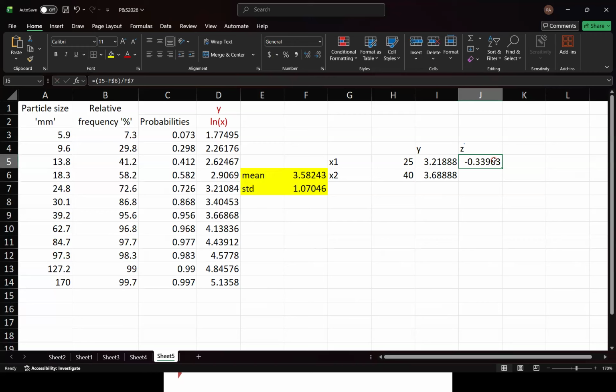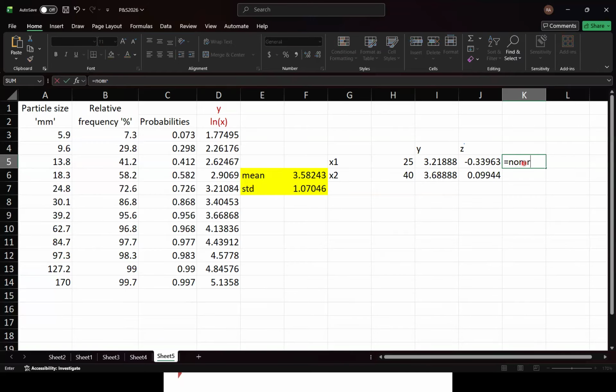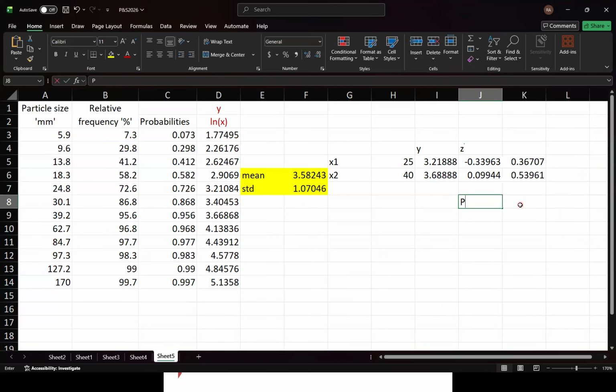So the z value is being calculated, and then I will calculate the z value for the other, and then there is going to be the standard calculation, the normal standard distribution, for this z value with cumulative true. So this value has been generated, and then a value for this one, and the required probability that the value belongs to the interval of x.